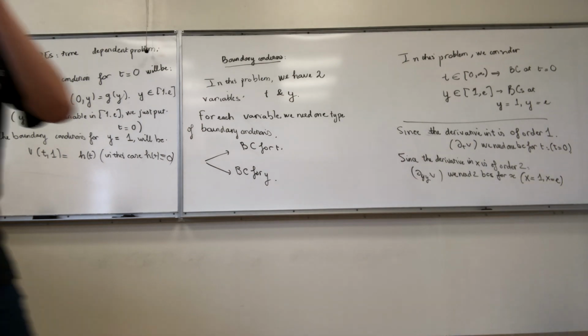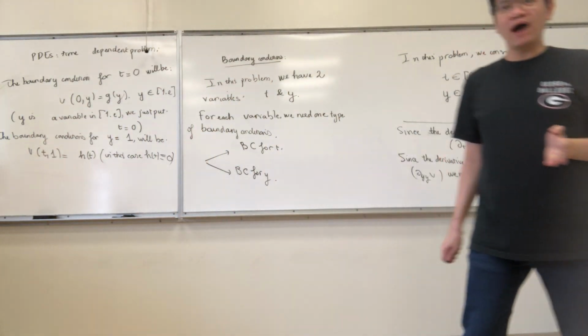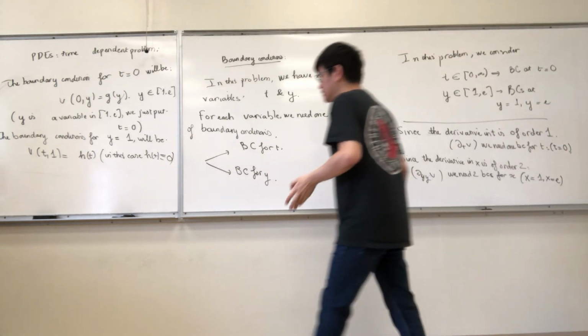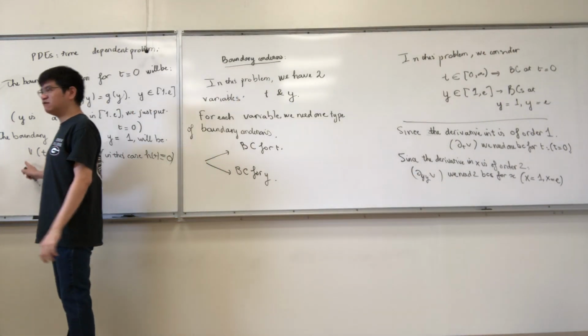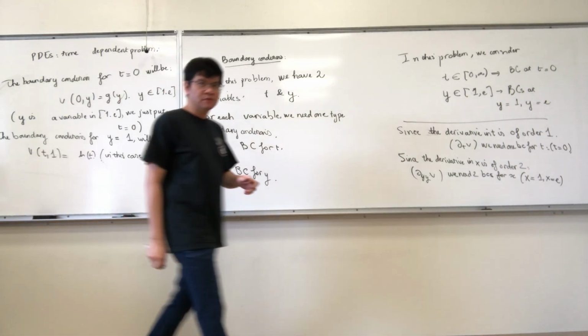So when we talk about the boundary condition at y equal to 1, you have to define all of the values for the function v of t, 1, which is a function of t. But in this case, we're going to take the 0 function. So it's not a value anymore. It's going to be a function. Right? Questions?